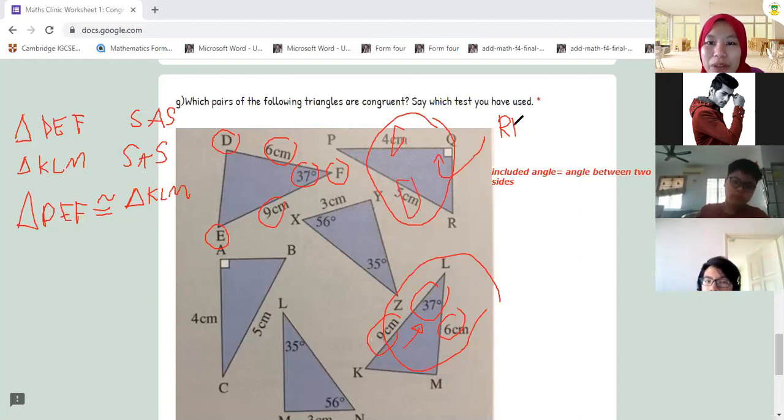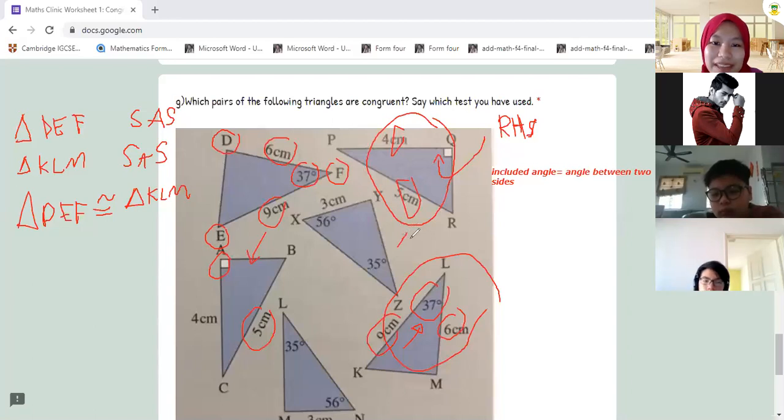So what you need to do is find any triangle which has RHS information, then you can find out whether they are having the same value or not. Okay, your friend said ABC. So is ABC RHS? Okay, it is a right angle, one thing. Do you think their hypotenuse is 5 cm? Oh, teacher, it's the same, 5 cm. And then look at their side, 4 cm.